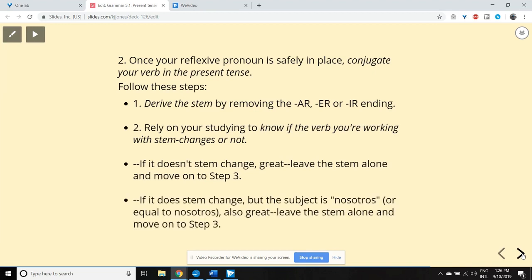If the verb does stem change, but the subject is nosotros or equivalent to nosotros, that's also great because, again, you get to leave the stem alone. Nosotros forms never show a stem change in the regular present tense, and that's what we're working in. So if the subject is nosotros or its equivalent, also leave the stem alone and move on to step 3.